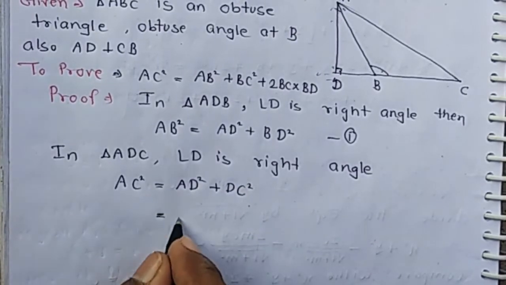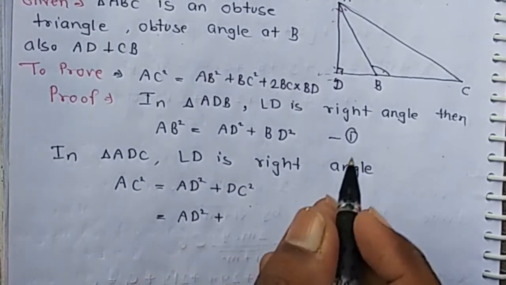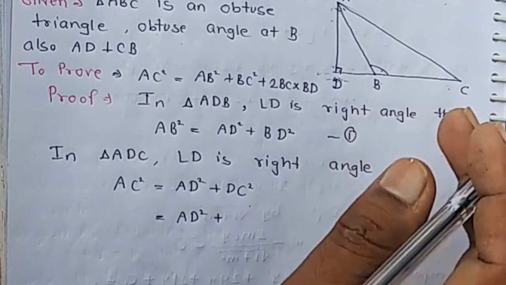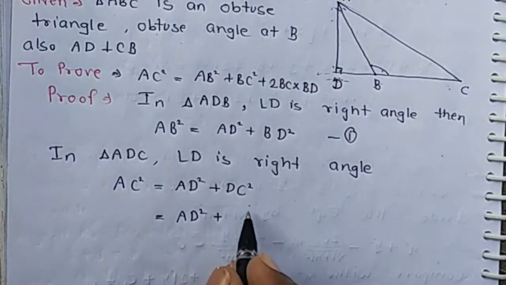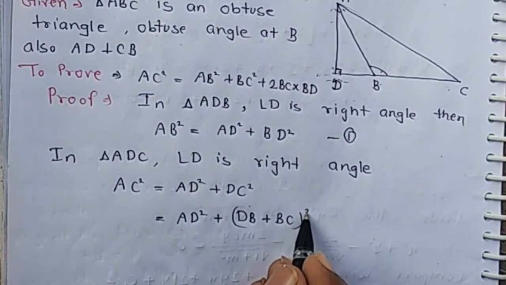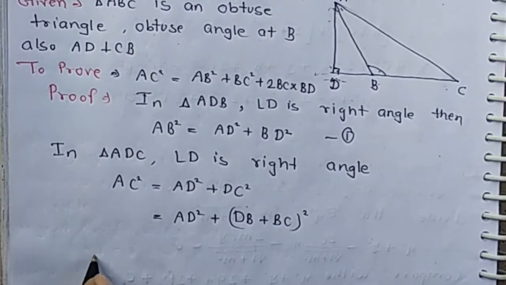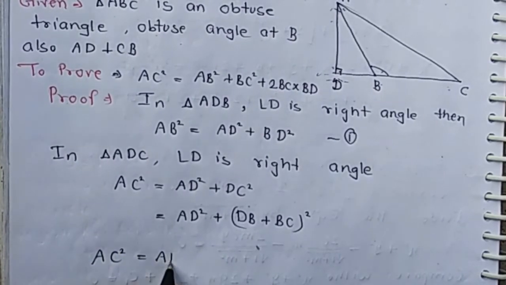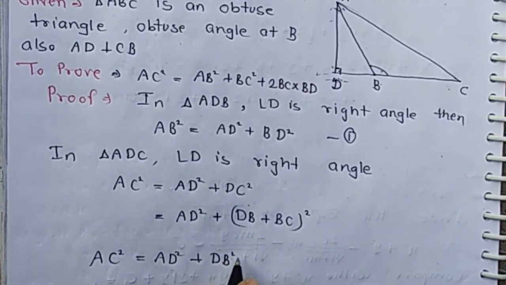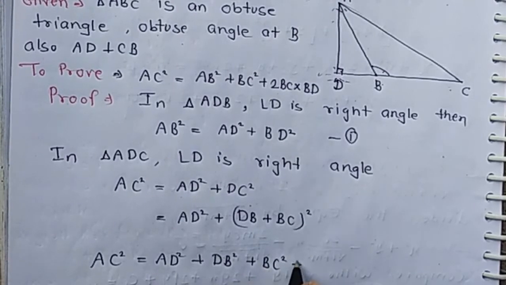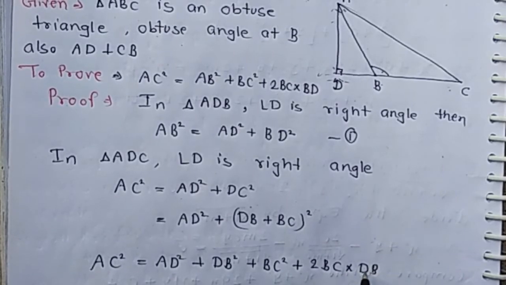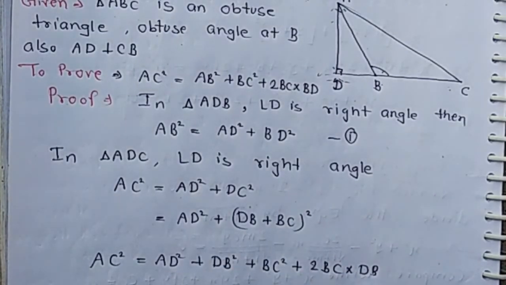Now DC can be written as the sum of DB and BC, so it can be written as DB plus BC, square. Expand this term: we have DB square plus BC square plus 2 BC into DB, by using the square of a plus b.